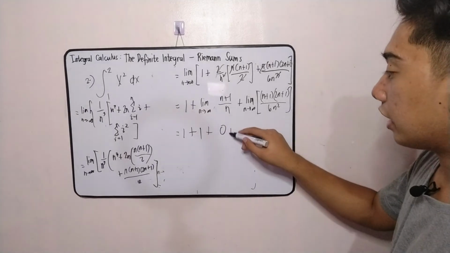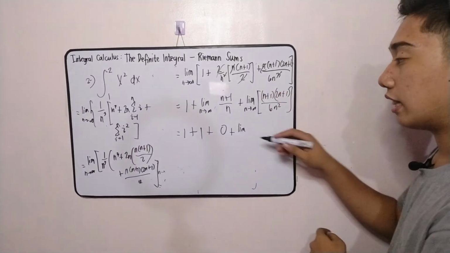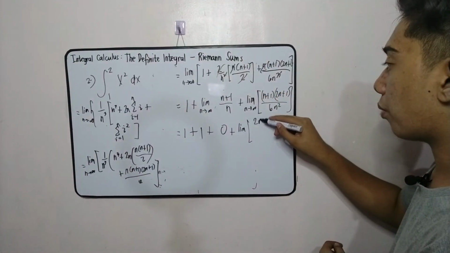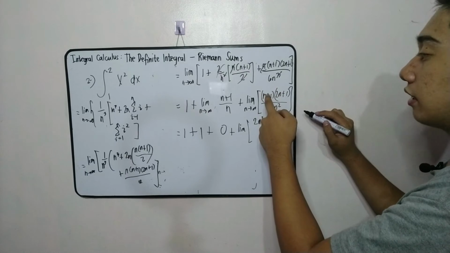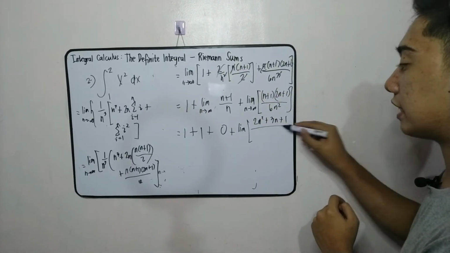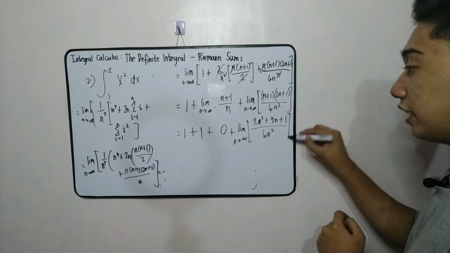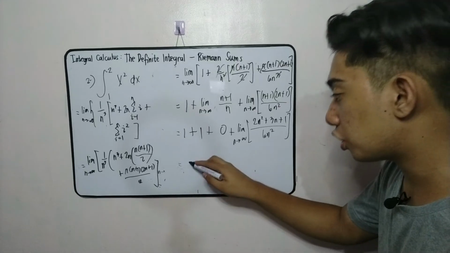Okay? Plus this, the limit of, let's expand it. So, this becomes 2n squared plus n plus 2n is 3n, then plus 1 all over 6n squared, then as n approaches infinity. Next, 1 plus 1 is 2.